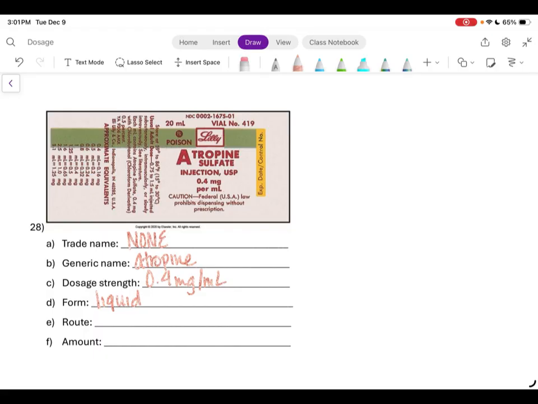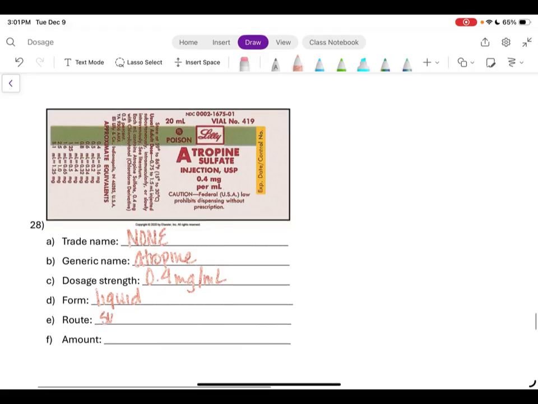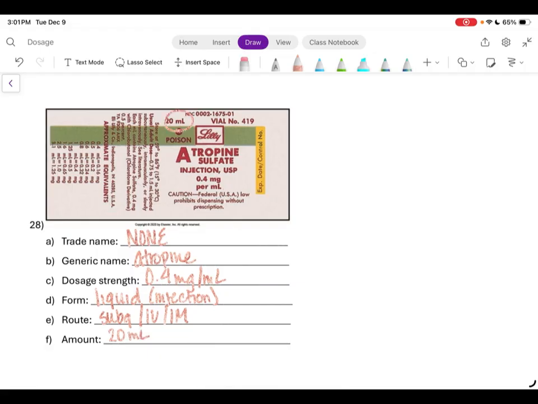For route, it can be either sub-Q, IV, or IM, right? I think for form, some of you like to write in injection, which is fine. I'll accept it. And then amount, 20 mils, right up here. Okay.